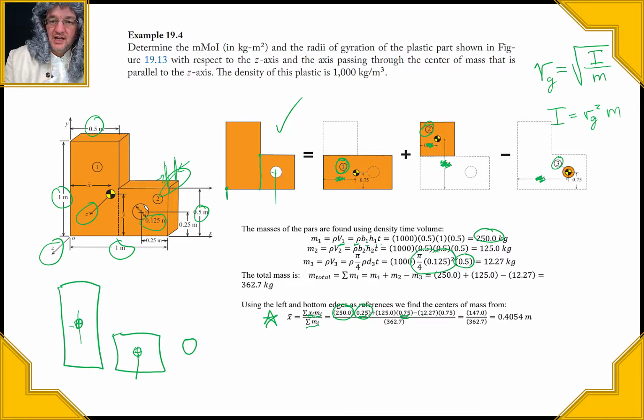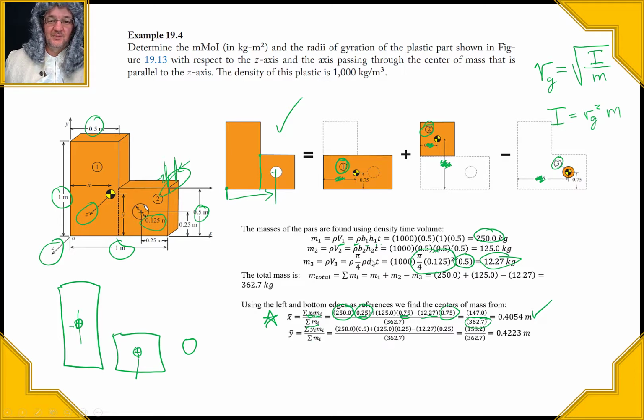And then I'm going to subtract out this mass right here times that distance as well. And anyway, I divide by the total, and I get this, right? So that's why I got the right number, but I made the diagram incorrect, or I made this equation incorrect for the diagram, either way.